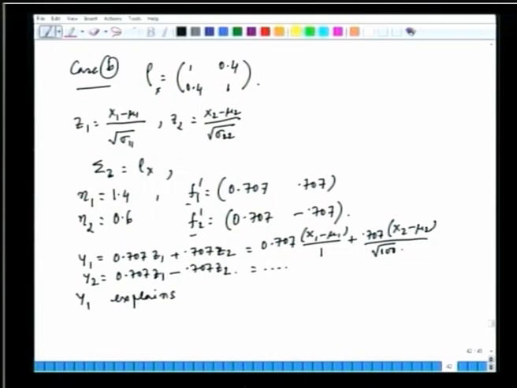Right. So, y1 explains what percentage of total variability? It explains its own eigenvalue, its own variance, which is 1.4, divided by the total variability, which is the sum of eta 1 and eta 2, that is 2, times 100%, and that is equal to 70% of total variability.